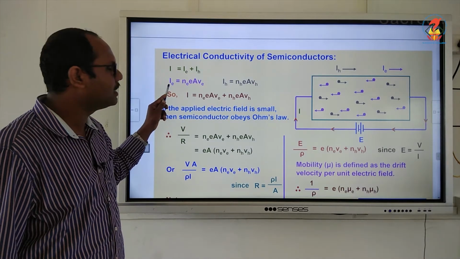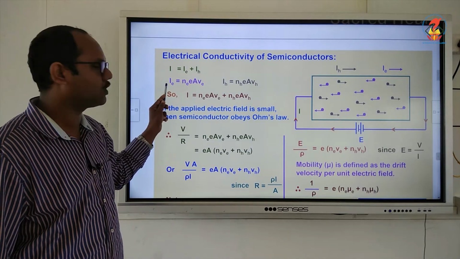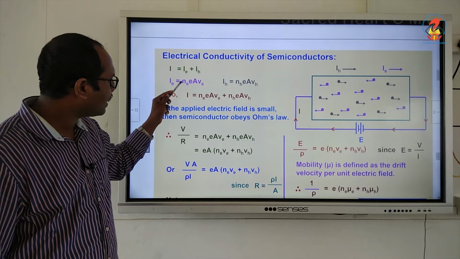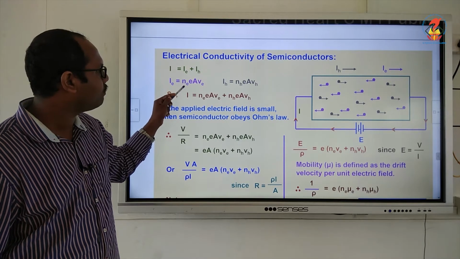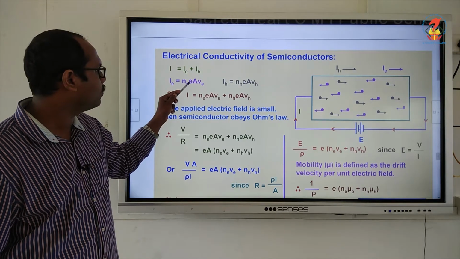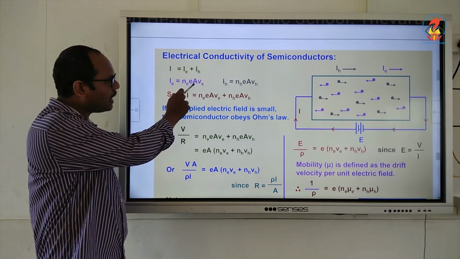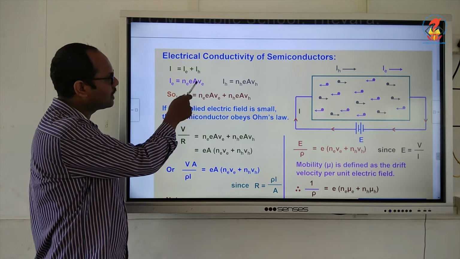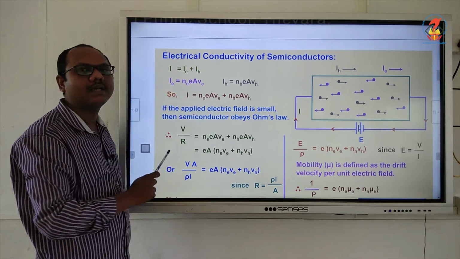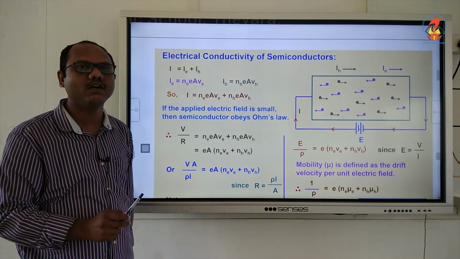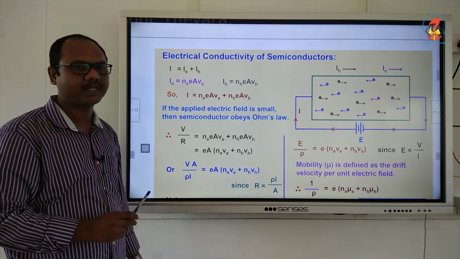So I will write here the current for electrons as Ne, number density of electrons, into e, the charge of the electron, into A, area of cross section, and VE, the drift velocity of free electrons.